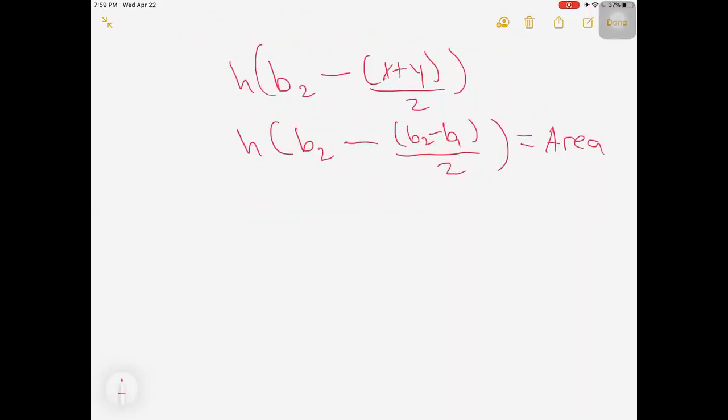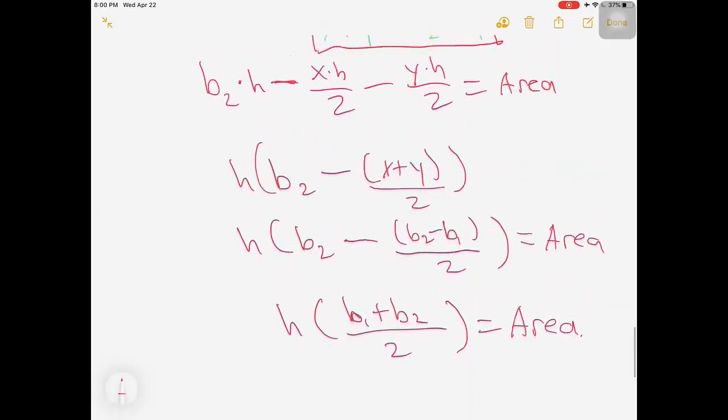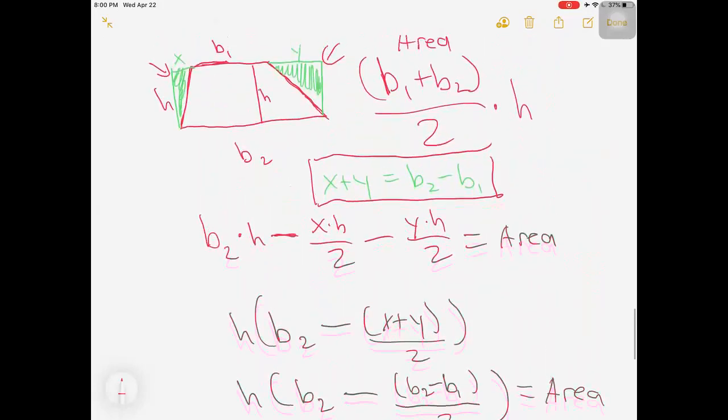If we simplify the algebra a little bit, we'll have h times (b1 plus b2) over 2. And that's basically how you derive the area of a trapezoid.